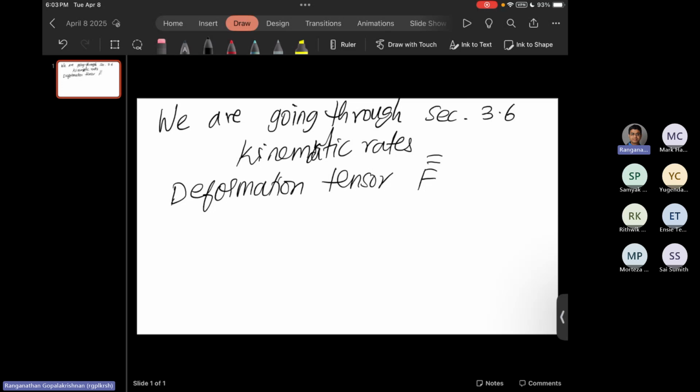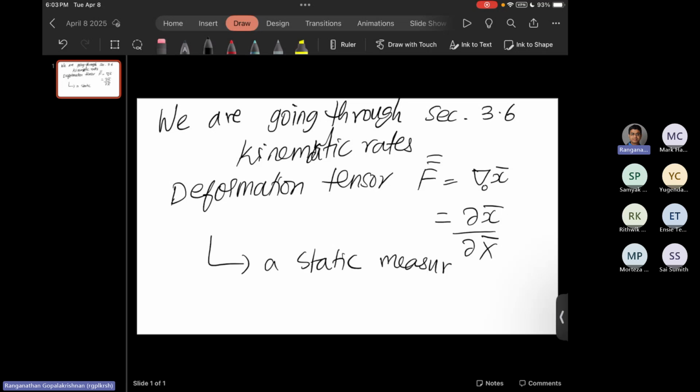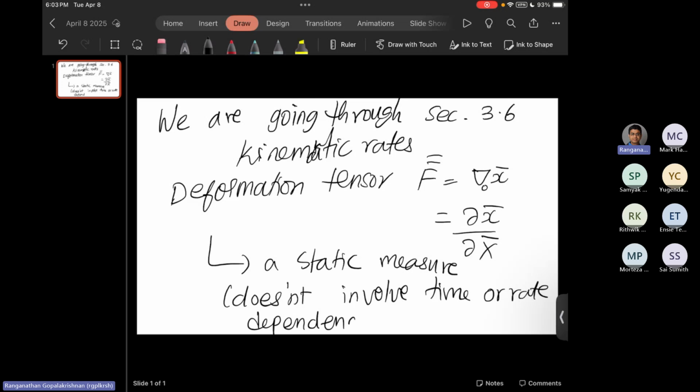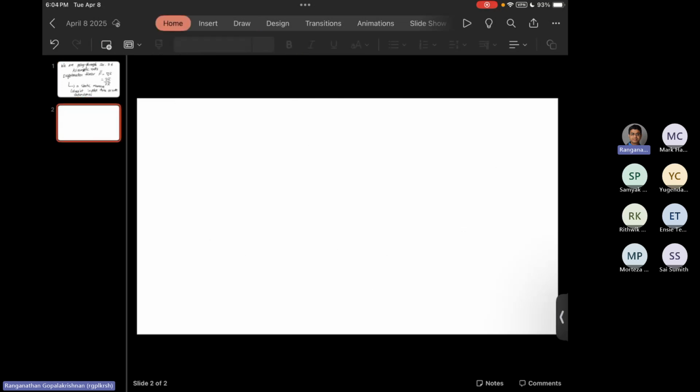Deformation tensor F is equal to the gradient of the spatial coordinate with respect to the material coordinate, also written as partial x over partial material X. We have been seeing that this is a static measure, meaning it doesn't involve time dependence, or finite rate dependence. And we have been also looking at kinematic rates in section 3.6, which deals with finite rates.